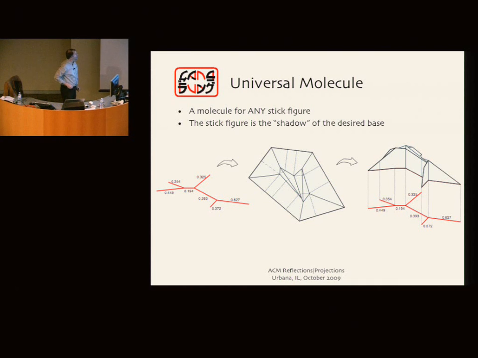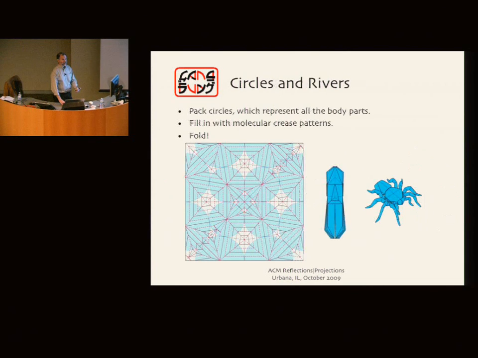And those gave the creases for any polygon, so that we could put them all together and create the crease pattern for the base. And this led to a very systematic way of creating an origami shape. You start with the shape you want, you find a packing of circles, you decorate it with these molecules. That gives what might look like a very complicated, forbidding crease pattern.